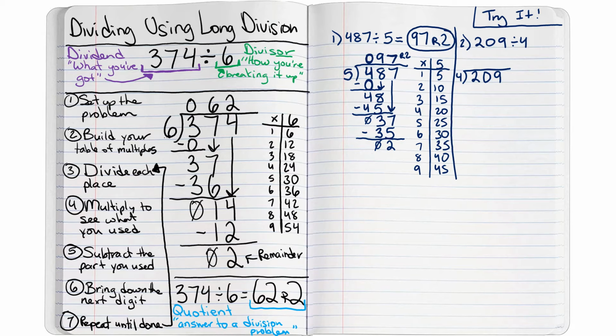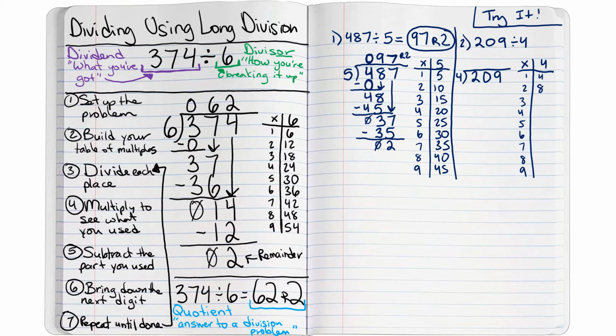So step 1 is set up the problem. Step 2 is build your table of multiples. Times 4: 1, 2, 3, 4, 5, 6, 7, 8, 9.